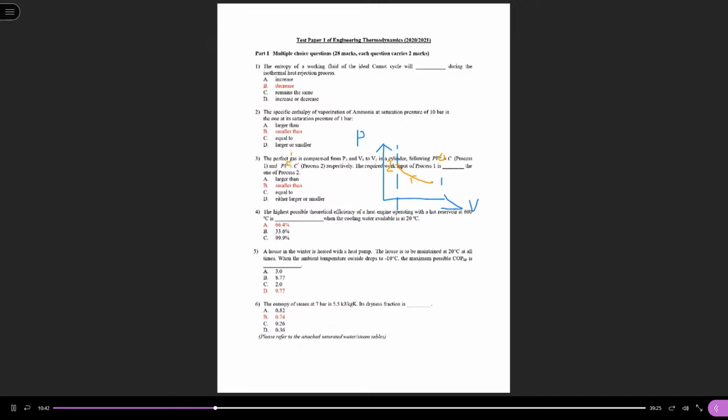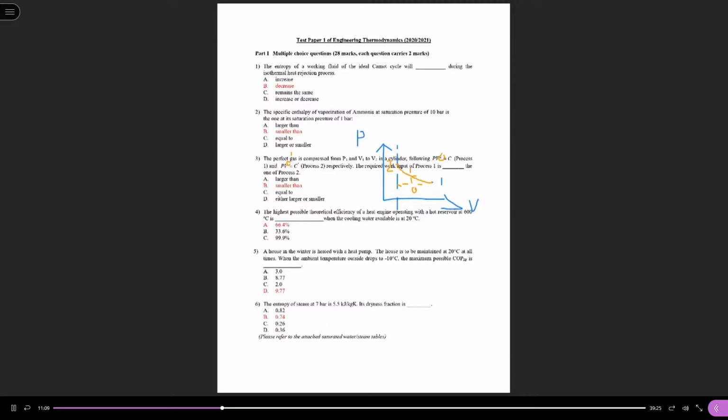With a higher, larger value, and then 1 or 2.